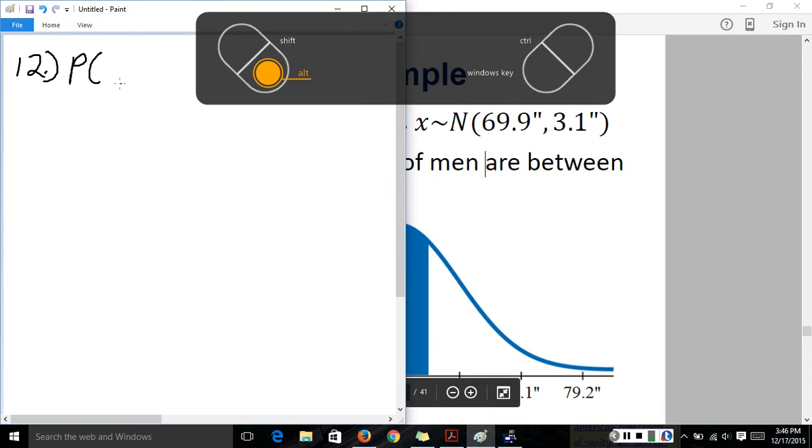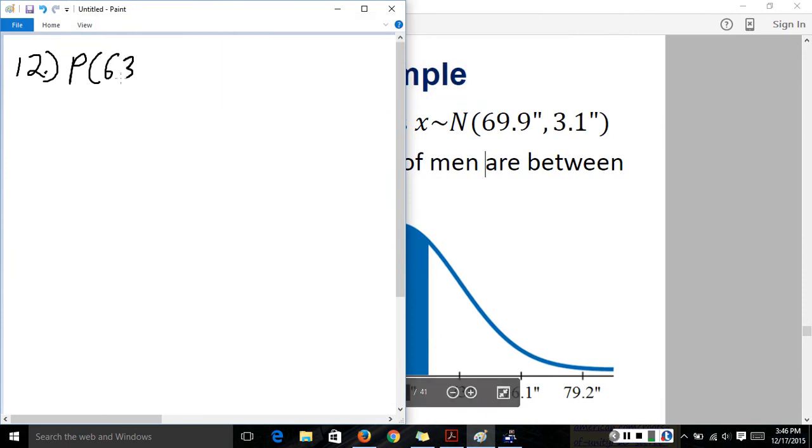Probability statement first. 63.5 less than x less than 71.